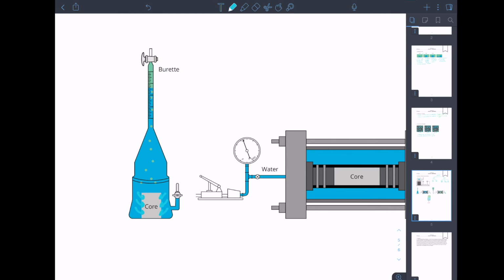And once it absorbs water, it will expel the oil out. Since oil is less dense than water, it will migrate upwards, and then we can either record the volume of oil that we have over here, or after we finish, we can extract the core sample from the cell and weigh it, and by using material balance, we can find the fluid saturation.